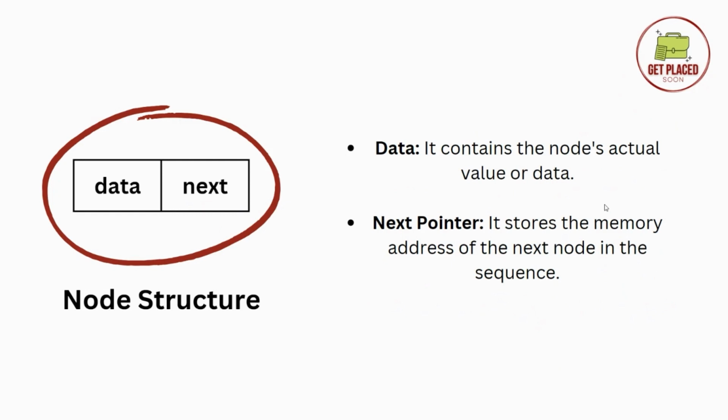Next is a pointer which stores the memory address of the next node in the sequence. So you might have one node in one row and the other node in the fifth row. How do you connect these two? Using the address of the next node saved in the current node. With the help of storing this address, we are able to connect linked list nodes, just like bogies.